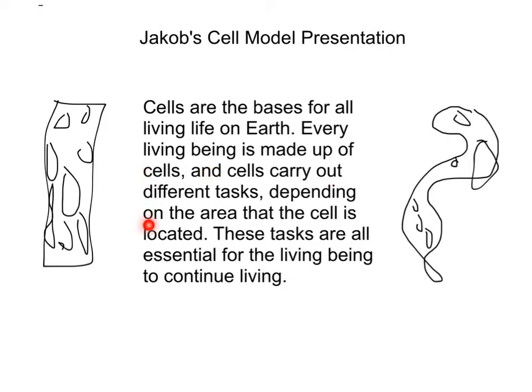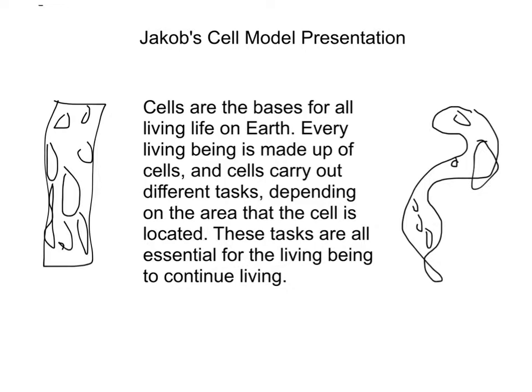And cells carry out different tasks depending on where the cell is located in multicellular organisms. Like your tongue cell does something different. Well, they have the same process, but they actually achieve different things than your skin cells and your red blood cells, stuff like that.